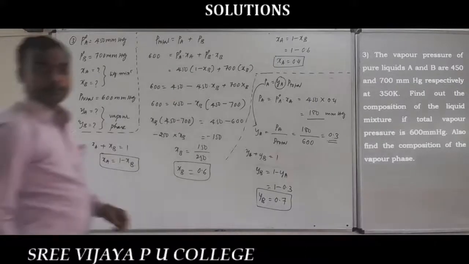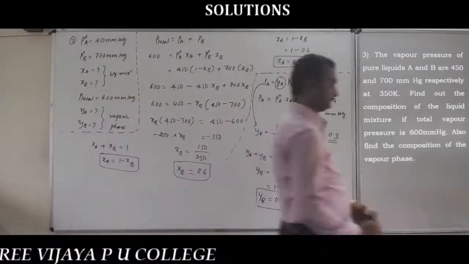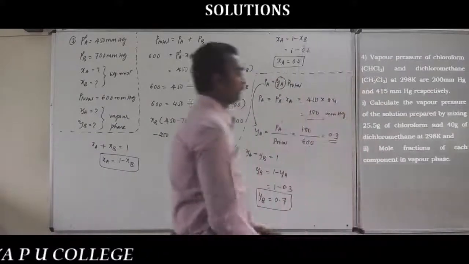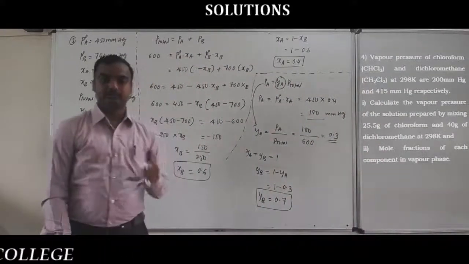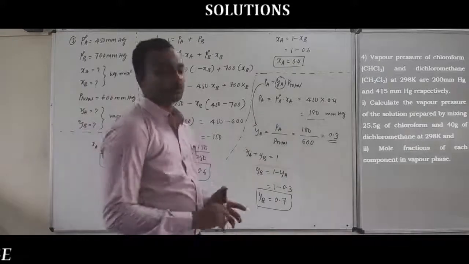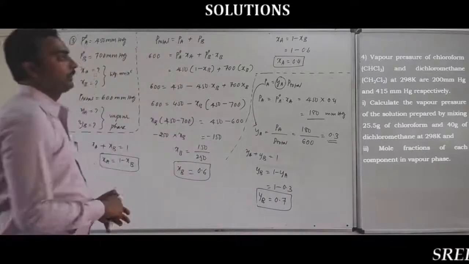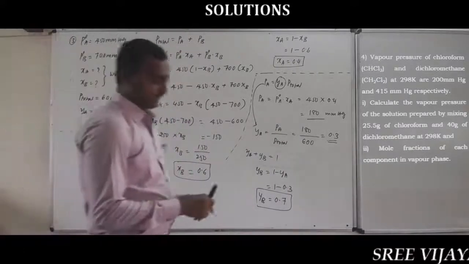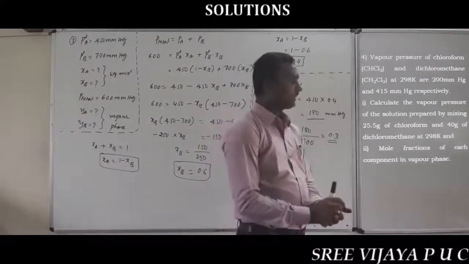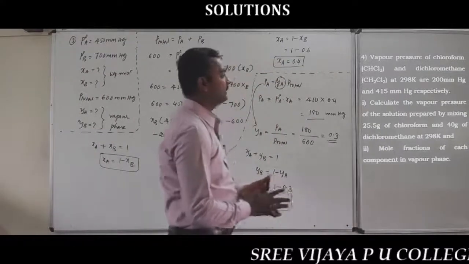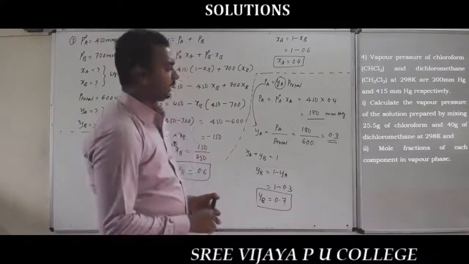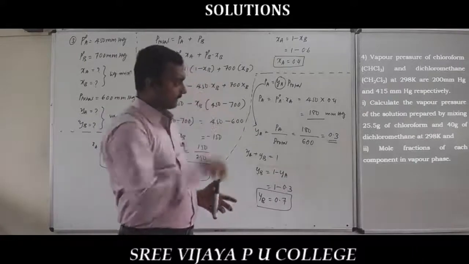Next, problem number 4. The problem is on page number 46 in the study material. The vapor pressures of chloroform, that is CHCl3, and dichloromethane, that is CH2Cl2, at 298 Kelvin are 200 mm mercury and 415 mm mercury respectively.